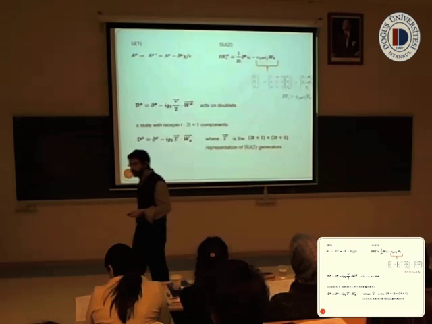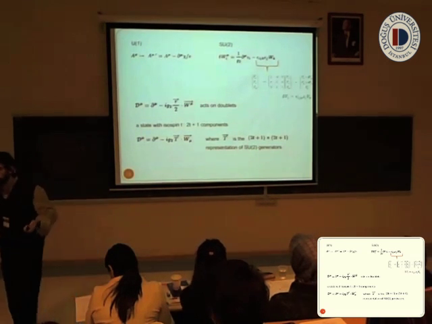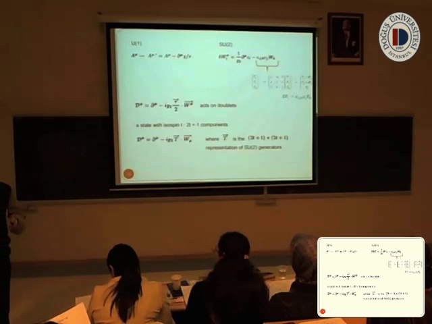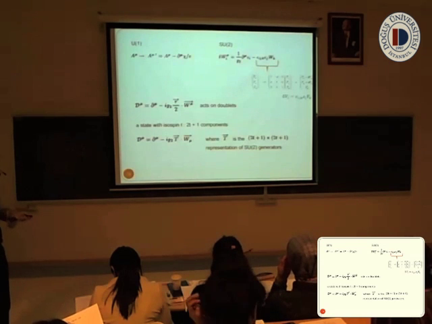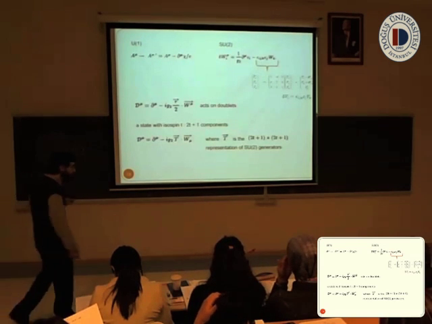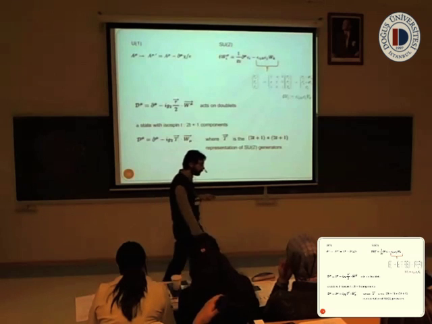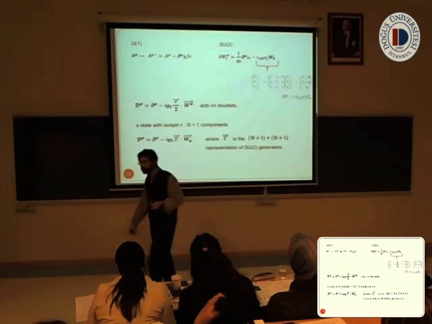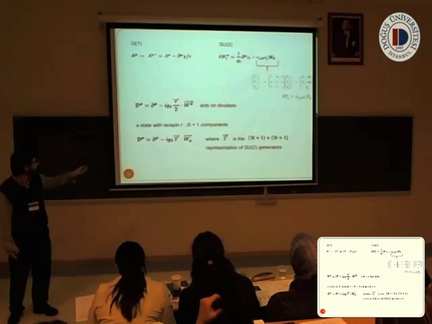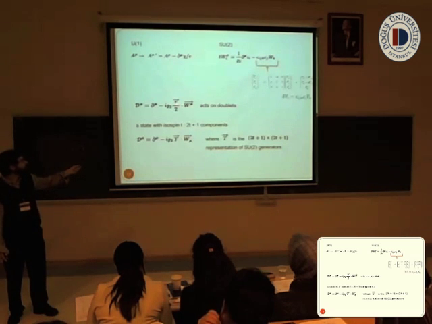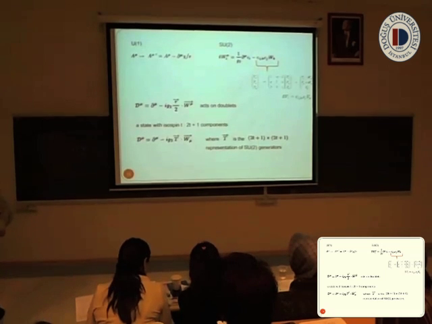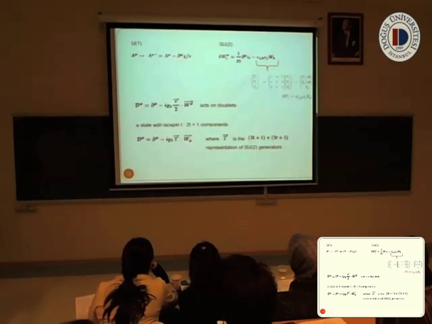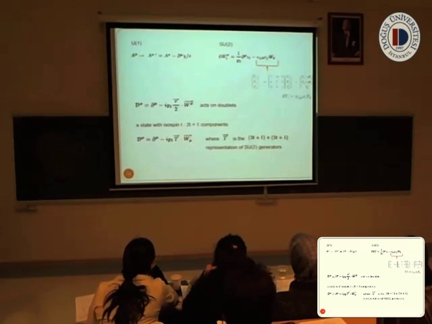Likewise for SU(2), you could have 2s plus 1 dimensional representations. If you are considering, for example, a spin 1 object, a 3-component object, then of course you should take 3-dimensional representations of the Pauli matrices, just like you take 3-dimensional representations of the angular momentum operators.